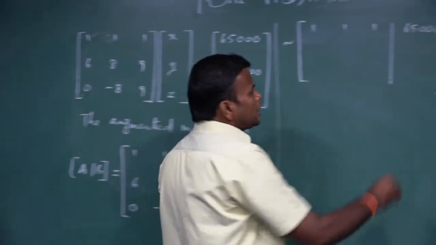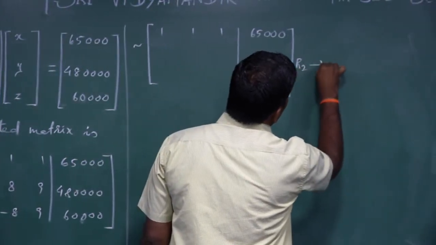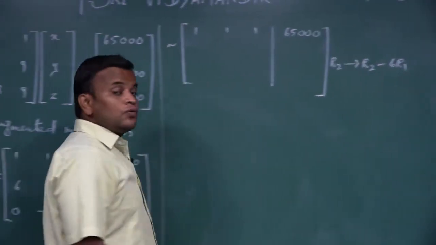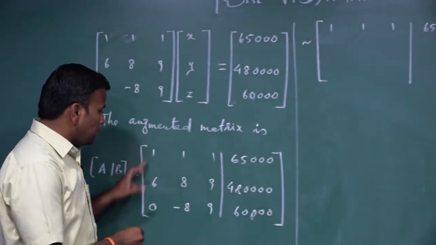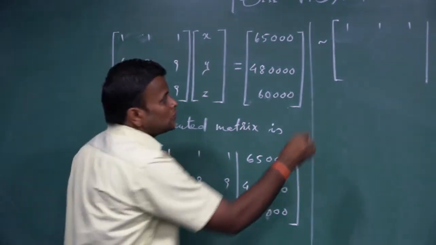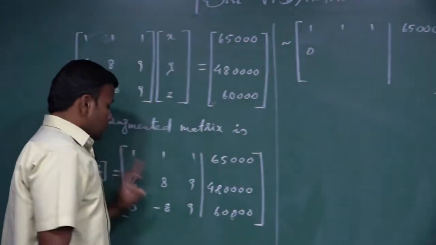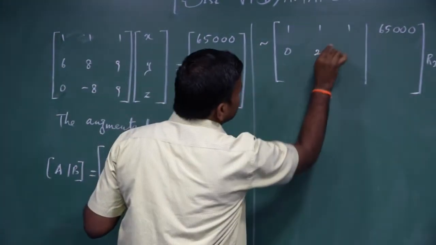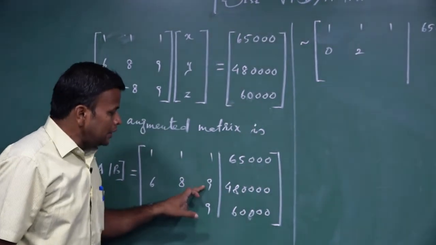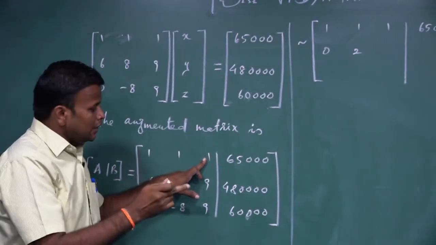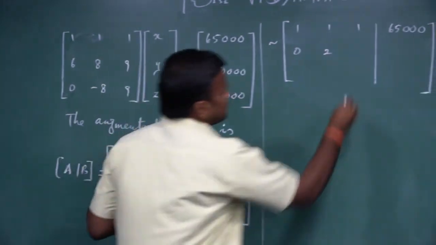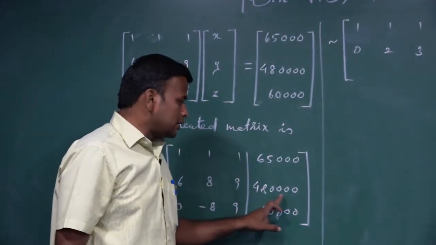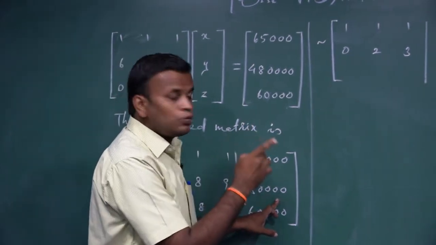So 6 minus 6 is 0. 8 minus 6 is 2. 9 minus 6 is 3. But this is a big number, 4,80,000. So we write R2 as R2 minus 6 R1.